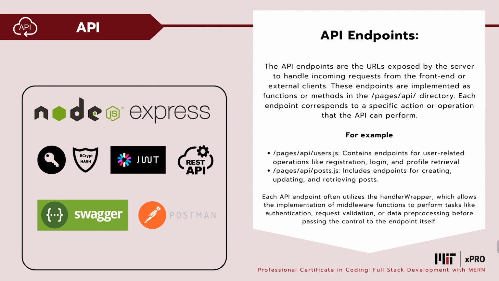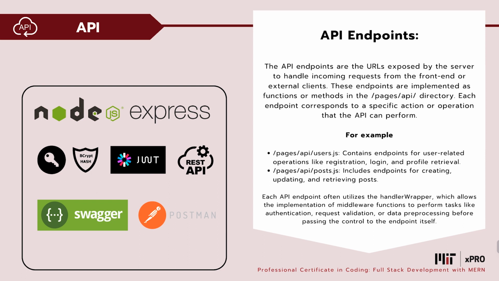For example, page/API/user.js contains endpoints for user-related operations like registration, login, and profile retrieval. Second, page/API/post.js includes endpoints for creating, updating, and retrieving posts.